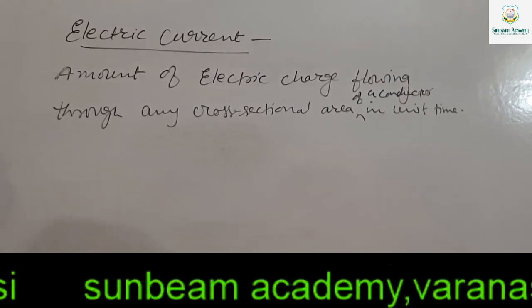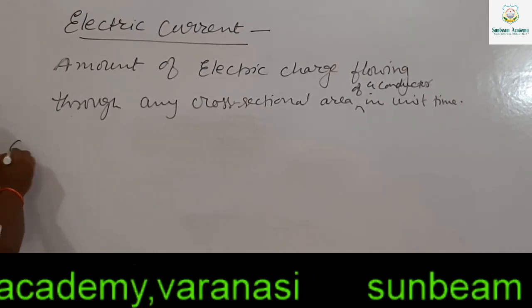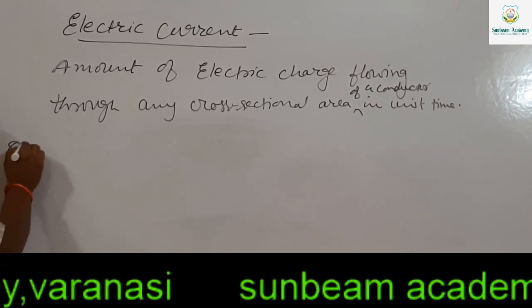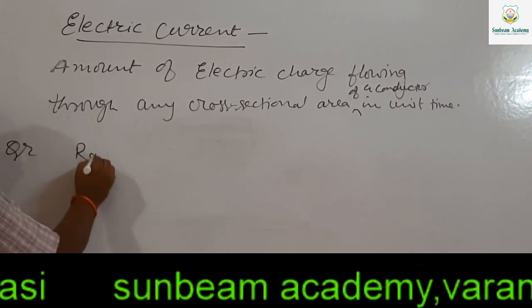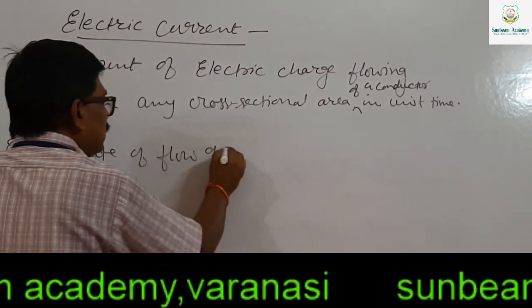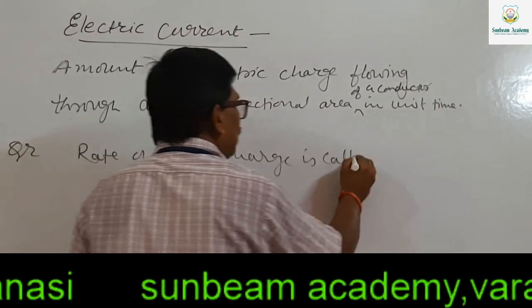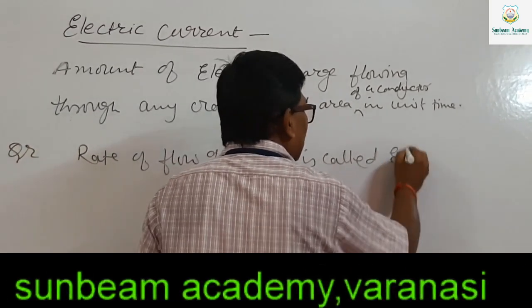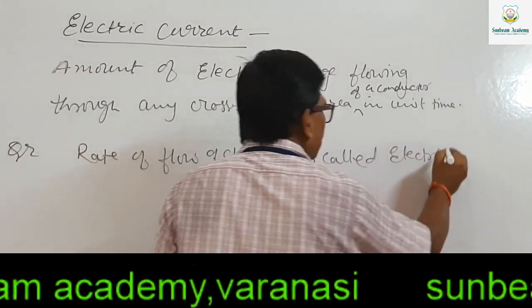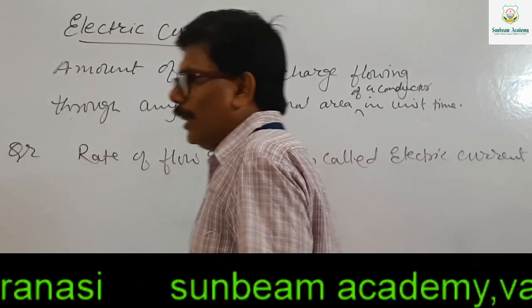Or, in other words, you can say that the rate of flow of charge is called electric current.